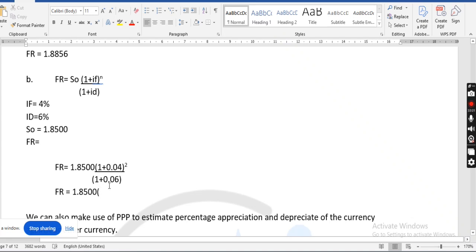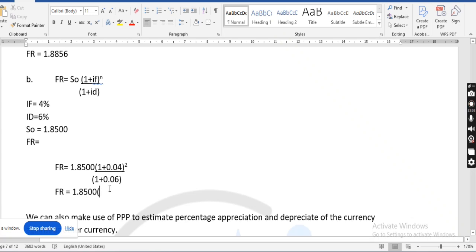1.04 divided by 1.06. What do you have? Divide these two all together. 1 plus 0.04 will give you 1.04 divided by 1.06.